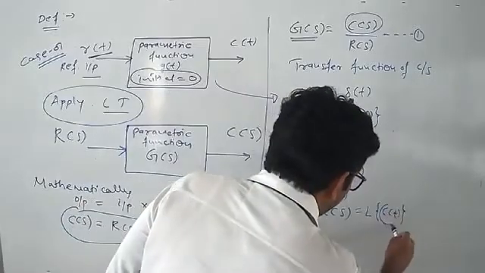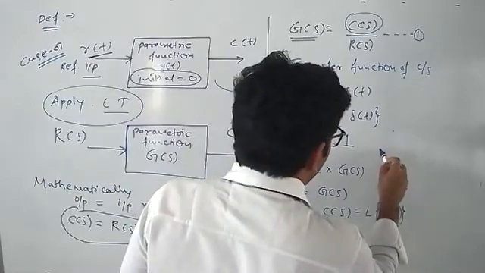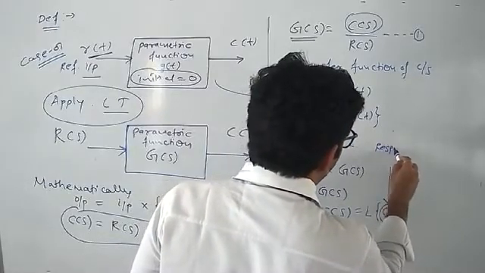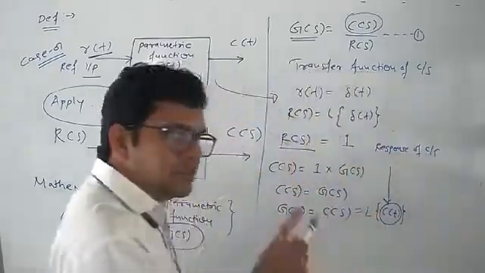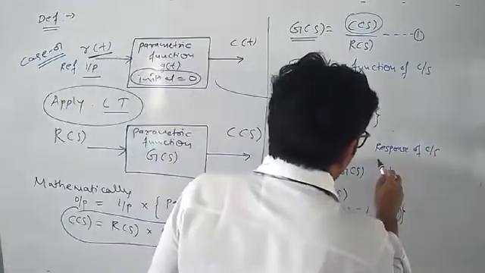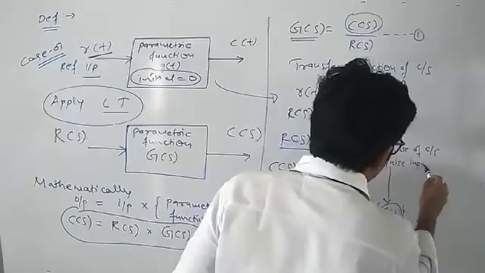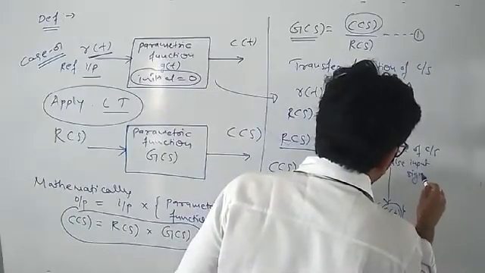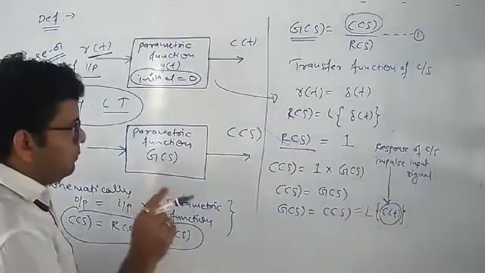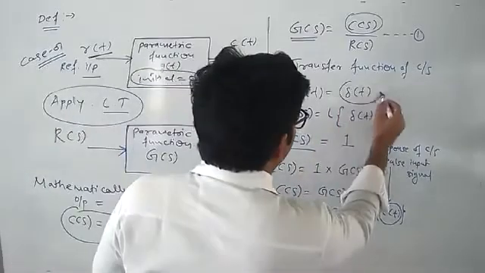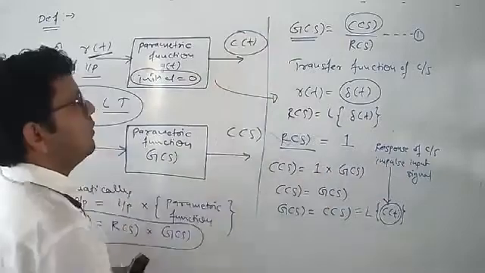Now what is this c of t? This c of t indicates the response of control system when it is excited by impulse input signal. कहने का मतलब ऐसा है कि जब मैंने मेरे सिस्टम को जो इनपुट सिग्नल अप्लाई किया था वो इंपल्स था, तो उस केस में उसने कुछ तो भी आउटपुट जनरेट किया, and that output is indicated by symbol c of t.